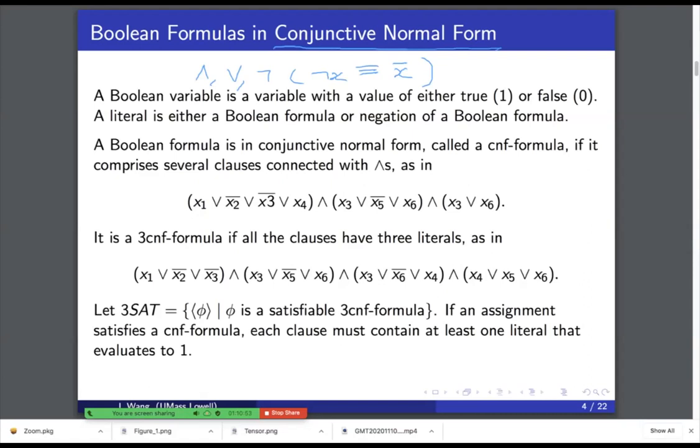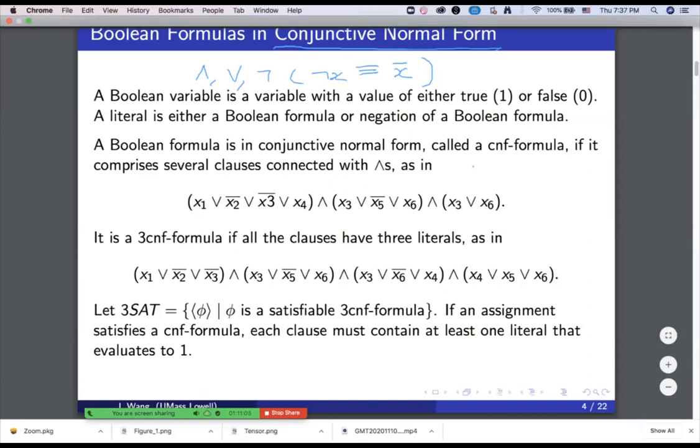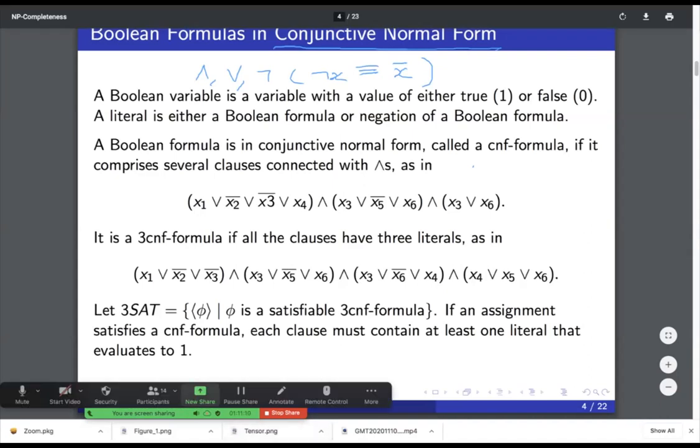We will first define what a literal is. Okay, so a literal. Let me start a new whiteboard.